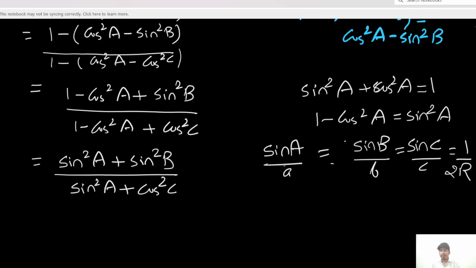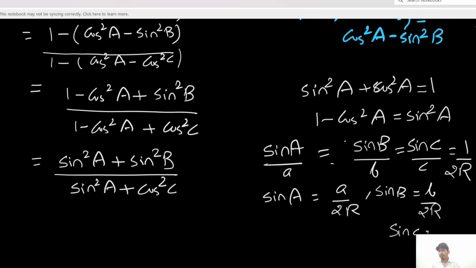Then what is the value of sine a? Sine a is equal to a upon 2R. Similarly, sine b is b upon 2R and sine c is c upon 2R.